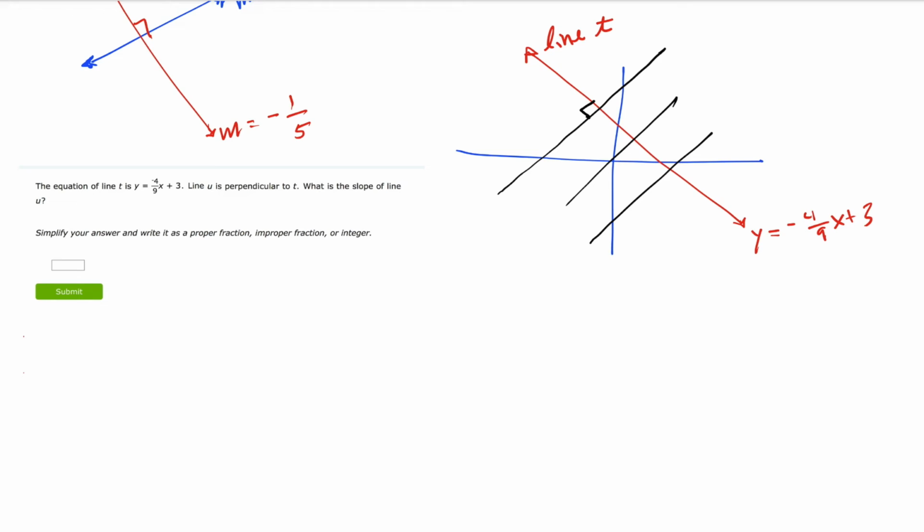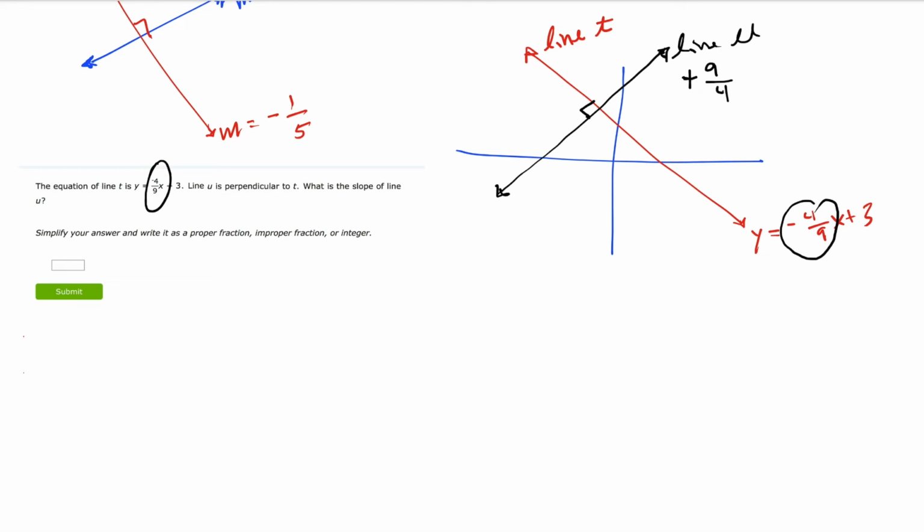So what's the slope going to be for line U? No, the slope for line U is the flip of the slope of line T. You do the reverse reciprocal of this thing. It's going to be positive 9/4. It can't be the same one.